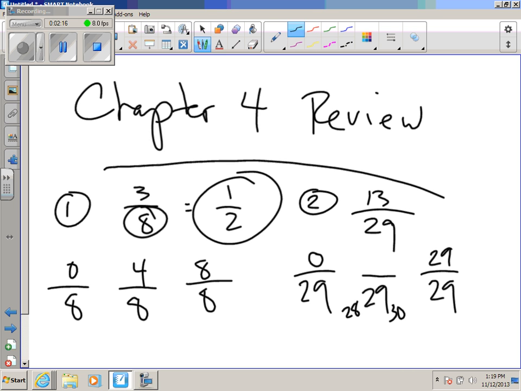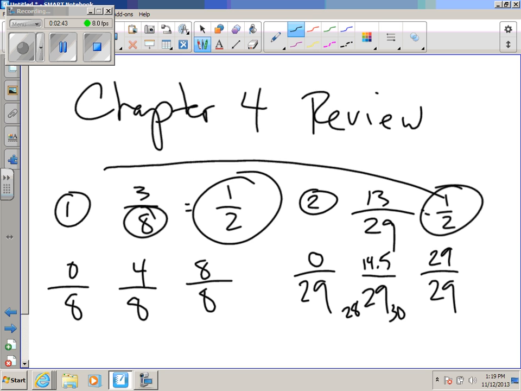What's half of 28? 14. Half of 30? 15. In between 14 and 15? 14.5. Somewhere in that neighborhood is exactly half. Well, it is exactly half. So 13, is it closer to 0, 14 and a half, or 29? So we would again round that to be half because it's closer to 14 and a half than anything else.